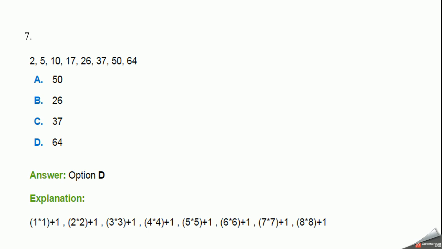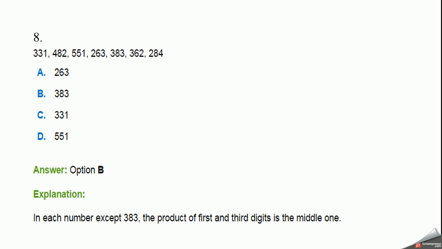But 8 square is 64, plus 1 gives 65, while the value given is 64. So the odd man out is 64.